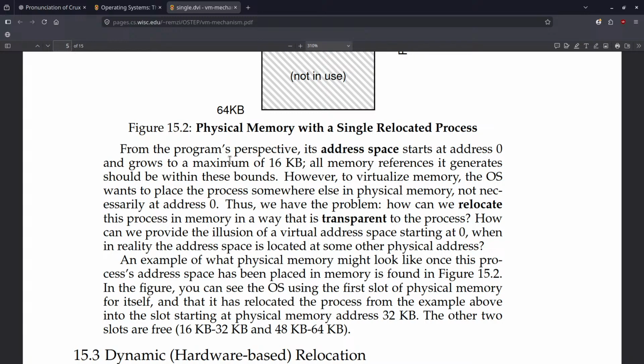How can we relocate this process in memory in a way that is transparent to the process? How can we provide the illusion of a virtual address space starting at 0, when in reality the address space is located at some other physical address?